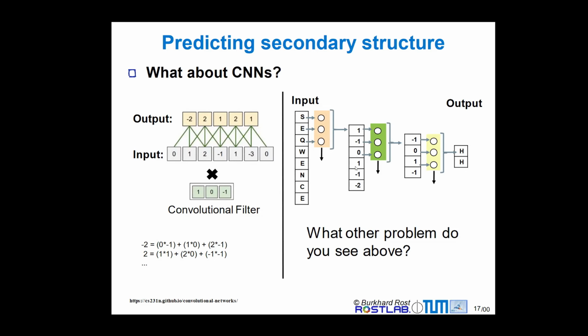And here the point about stacking multiple layers comes into play, because at the first layer, you only have SEQ available as context information that you can learn from. SEQ produces the 1. Then you move down 1 step. EQW produces -1. But when you now think about this, the kernel absorbs the 1 at this position and the -1 at this position.